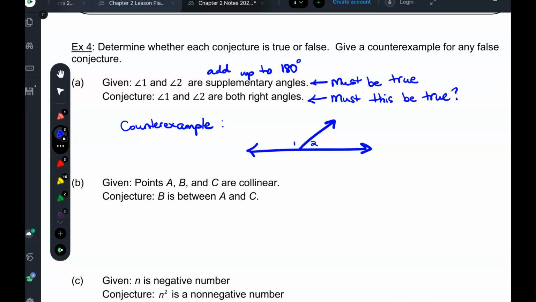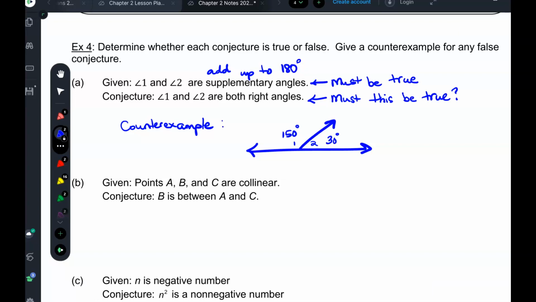Then let's put some degrees in. What do I specifically want? I want two angles that add up to 180, but I don't want them to be right angles. So what would be two angles that add up to 180? 150 and 30. Yeah. So I'm going to put 150 degrees here.